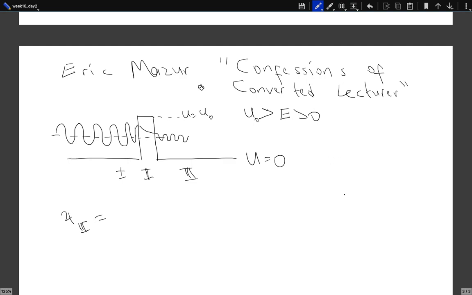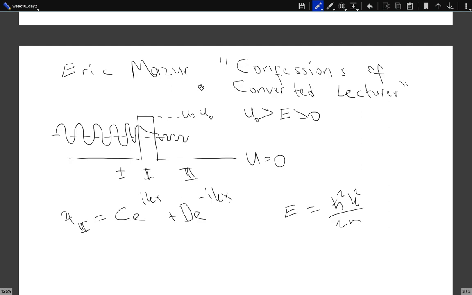There's no potential. The energy is already fixed. The energy of this particle is h bar squared k squared over 2m. So in region 3, the wave is, in general, c times e to the power i kx plus d times e to the power minus i kx.